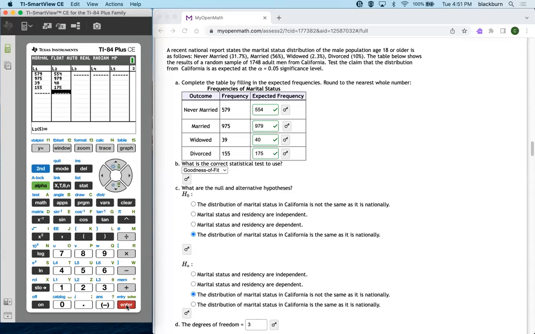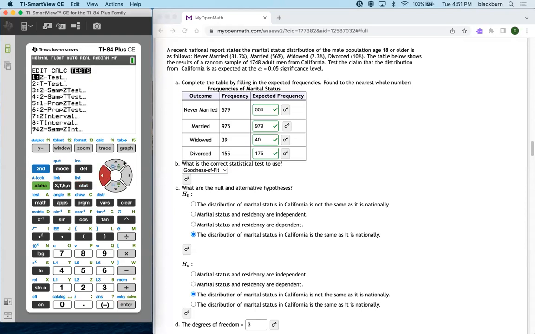So now those two columns are in a table. When I call up the chi-squared GOF test, it's going to ask me what lists to use, just like we've been doing. So stat, tests, up to chi-square GOF test, enter. My observed is L1. Yep, that was what I observed. My expected is L2. That's good.